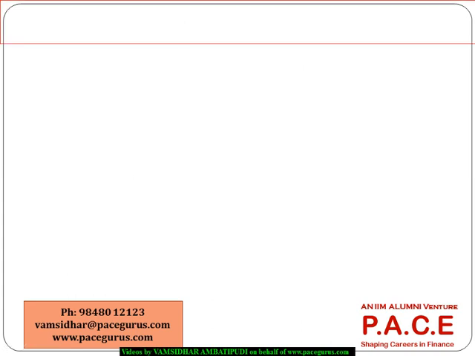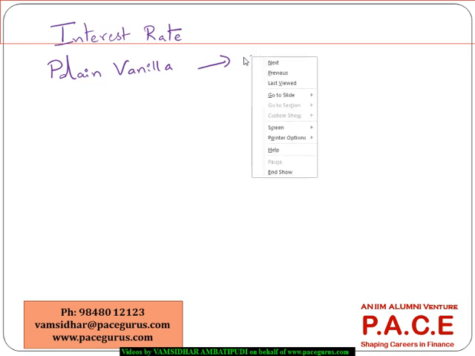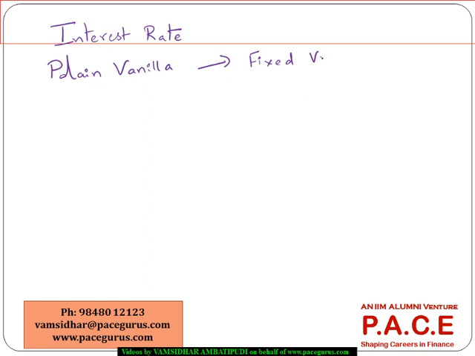So with that as a base, let's start by understanding interest rate swaps, and then we'll slowly move towards currency swaps as well. Typically, the interest rate swap, which is otherwise called a plain vanilla swap, talks about an exchange of fixed versus floating interest rate.